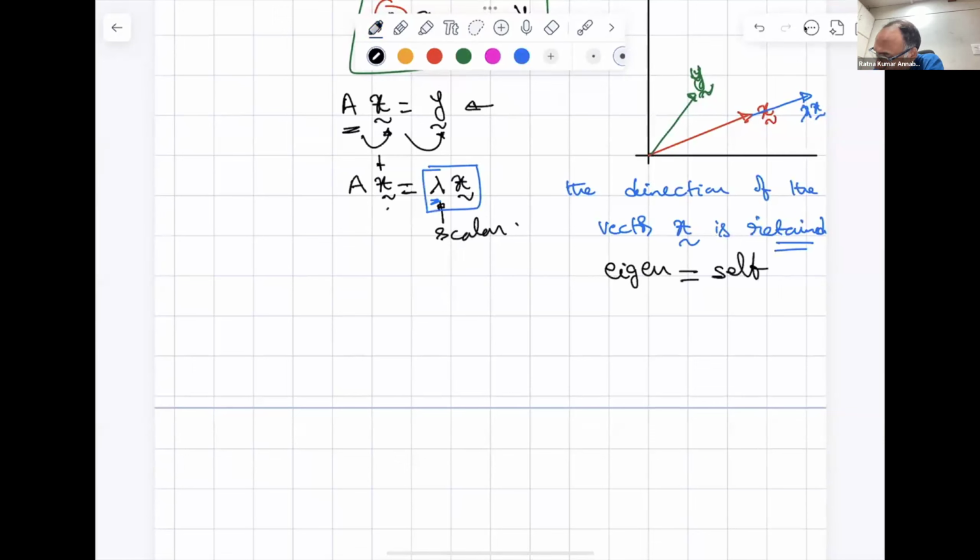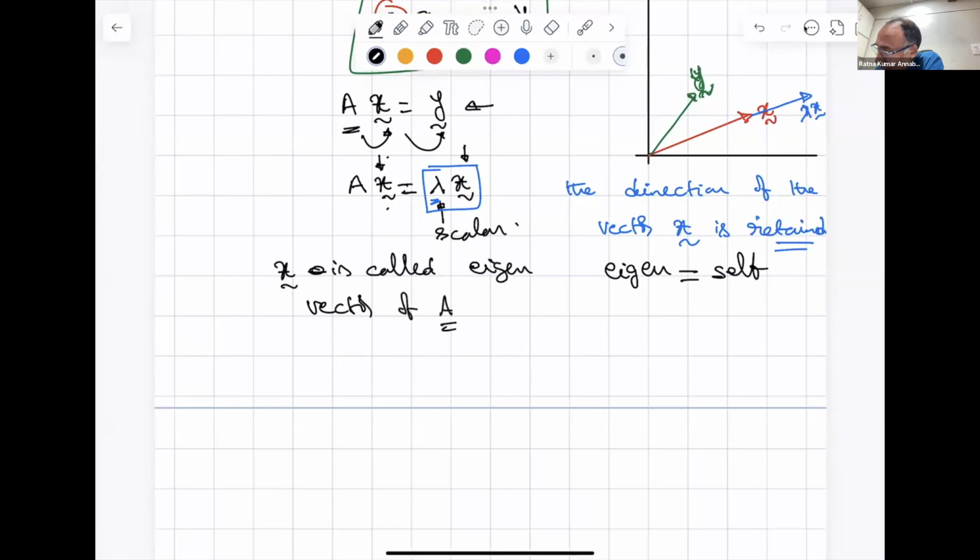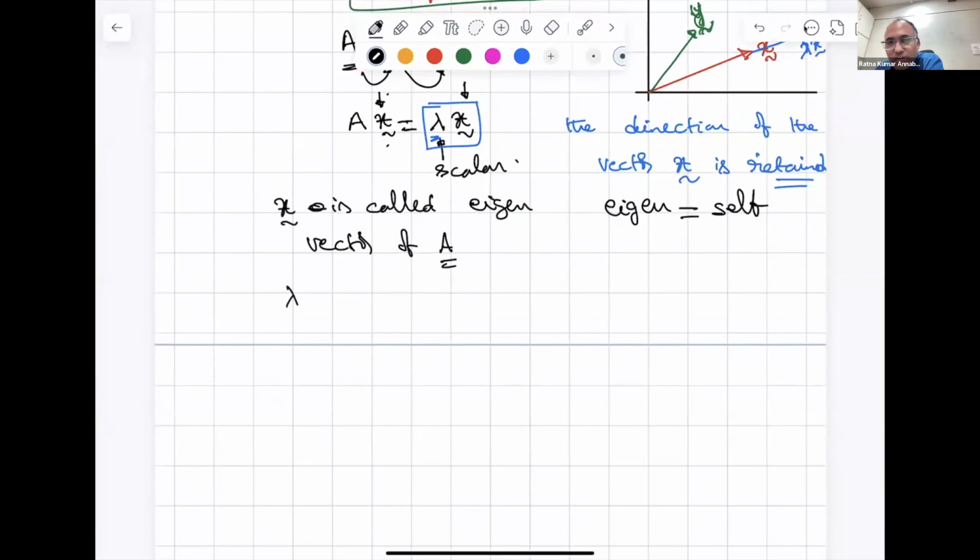So here you have a vector X, and vector X retained its own direction, self direction, and hence X is called an eigenvector of A. And the lambda in this case, whatever the amount of stretch or contraction, lambda is called the eigenvalue of A. Right?